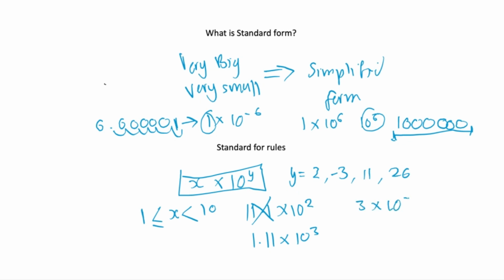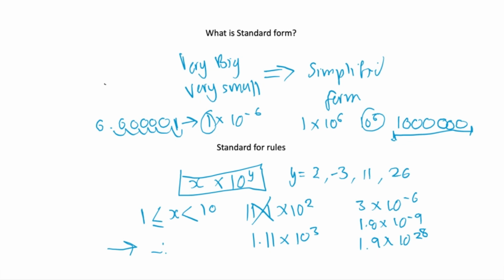3 times 10 to the power of minus 6, 1.8 times 10 to the power of 9, 1.9 times 10 to the power of 28. All of these are in standard form. Okay, all of these are correct. Also, I forgot to say, this whole number can be positive or negative.